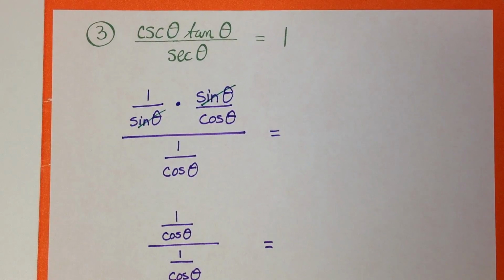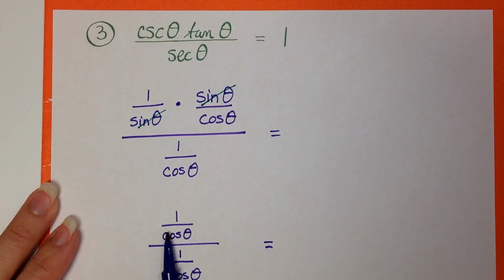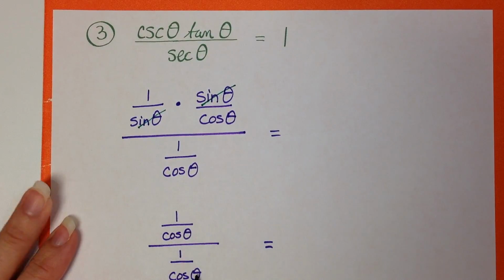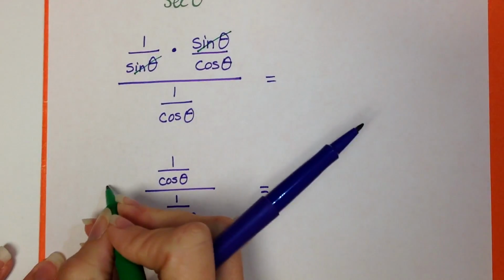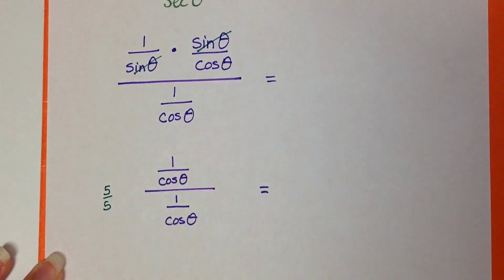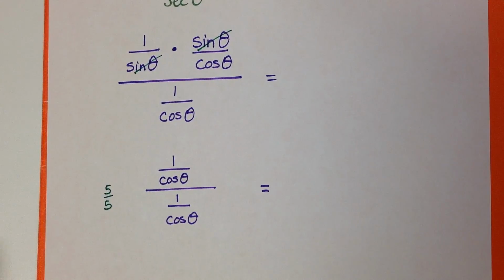Now, you actually could go straight to your answer right here, because your numerator is exactly the same as your denominator, so that's just the same thing as if I had 5 over 5. Anytime that your numerator and your denominator are the same, it always reduces to be just 1, okay? So you could go from here to say that you've got your 1 and you're done with the problem.